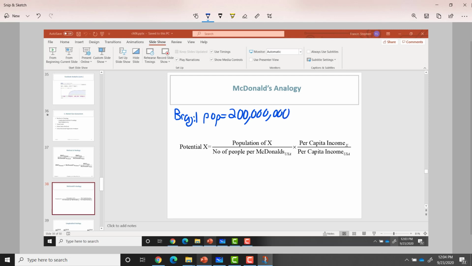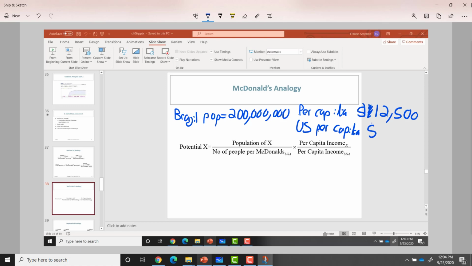And it's going to have a GDP per capita of 12,500. And we're also getting the US GDP per capita.